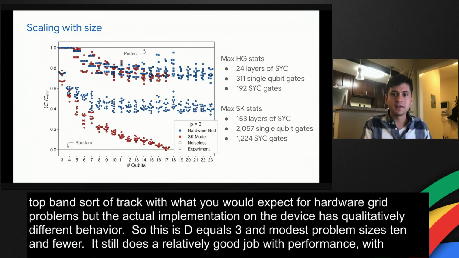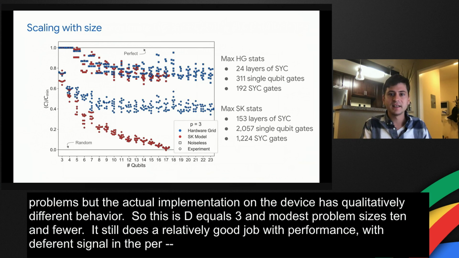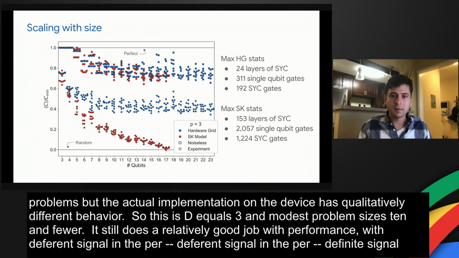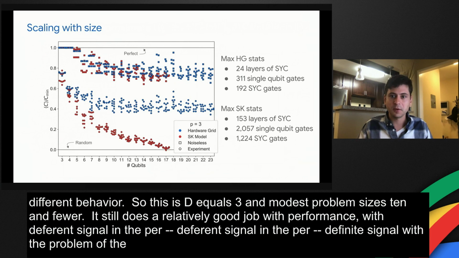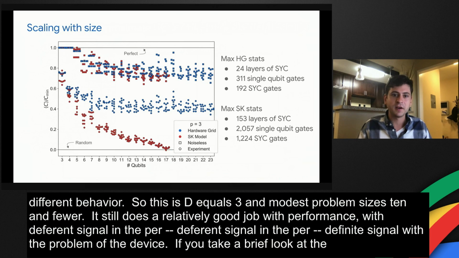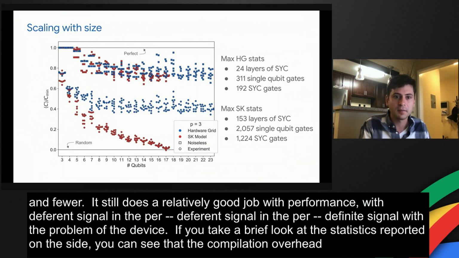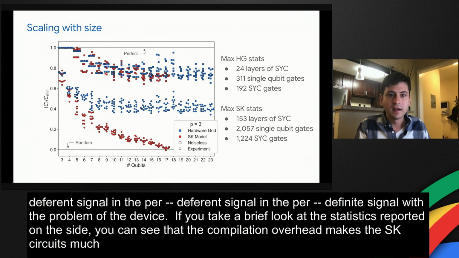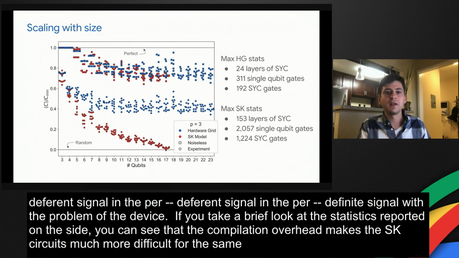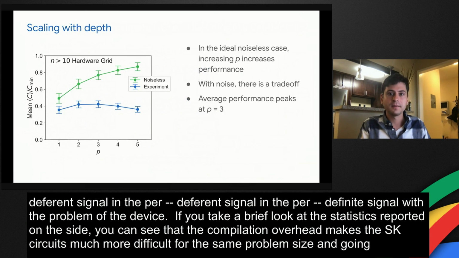But clearly performance degrades with problem size, and scaling up could prove to be a challenge. And if you take a brief look at the statistics reported on the side, you can see that the compilation overhead makes the SK circuits much more difficult for the same problem size, going up to 153 layers of 2-qubit gates shown on this plot.